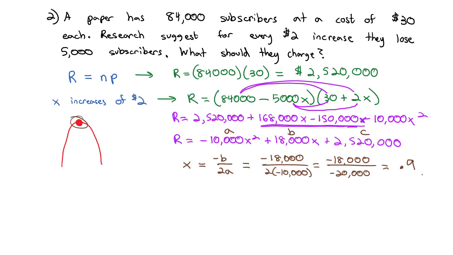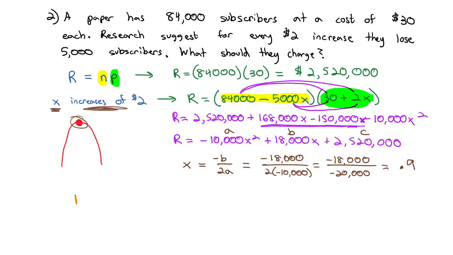Now be careful here. The question is asking, what should they charge? x is the number of $2 increases. N is the number of people that subscribe. That's the first factor. P is the price they charge. That's the second factor.